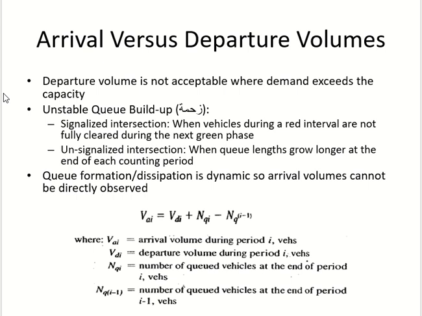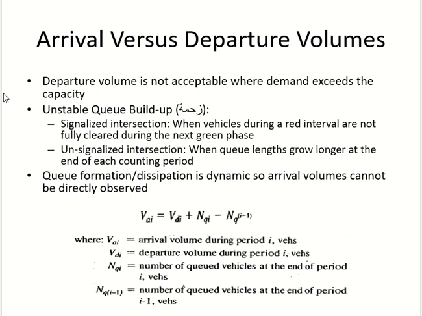VAI means vehicles arrived during time interval I, vehicles which have come to the intersection during time interval I. VDI, vehicles departed, vehicles which have left the intersection in the same time interval. So I am trying to calculate VAI, but I am using VDI. I am trying to calculate the number of vehicles which came, but I am using the number of vehicles which are leaving, because the number of vehicles which came, I cannot directly see them.